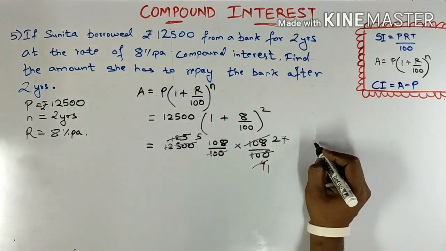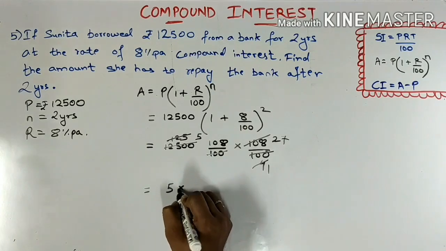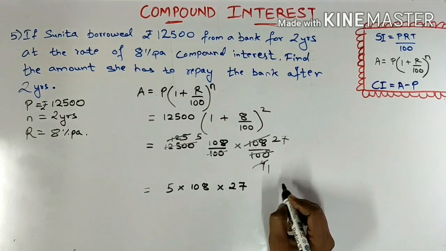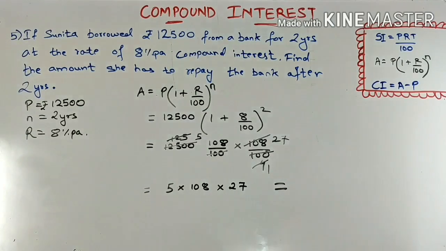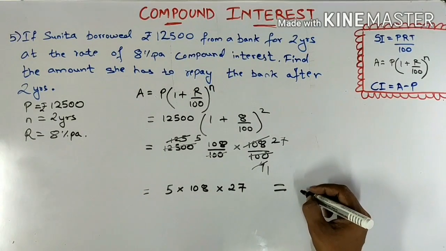So the answer will be 5 multiplied by 108 multiplied by 27, and that is supposed to be 14,580.